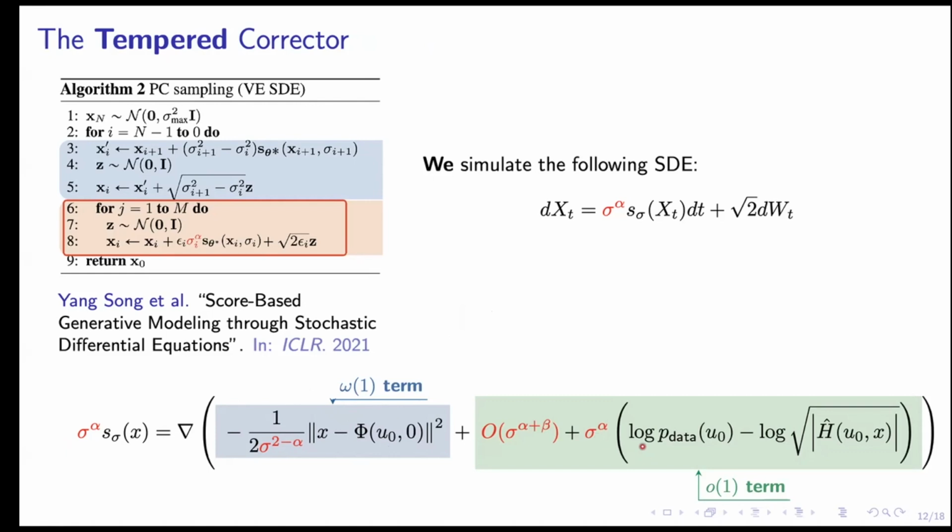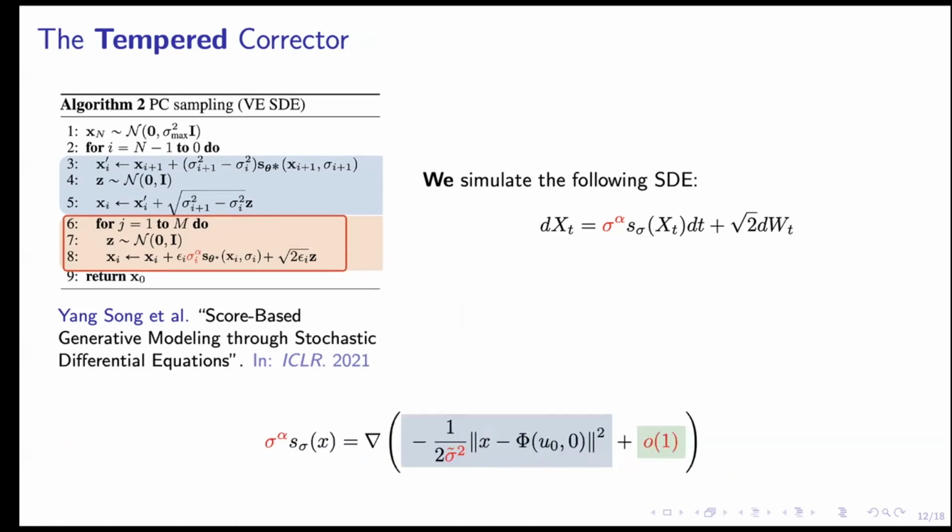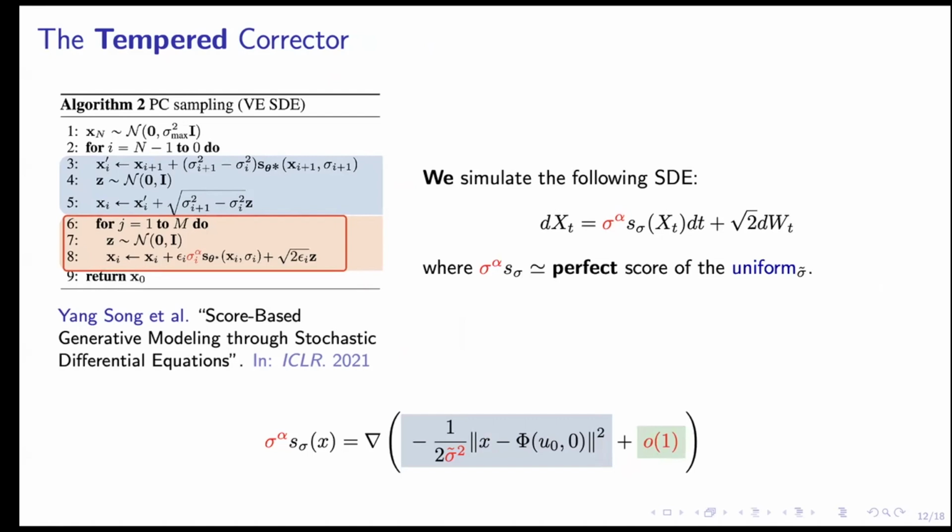However, any side information about P data and also the learning error, sigma to the power of beta, become a small o(1) term, so it does not contribute to the final limiting distribution. So now the drift is approximately the perfect score for the distribution that is a uniform distribution on the manifold convolved with a Gaussian distribution. That is the reason why, as sigma goes to 0, we can recover this uniform distribution.